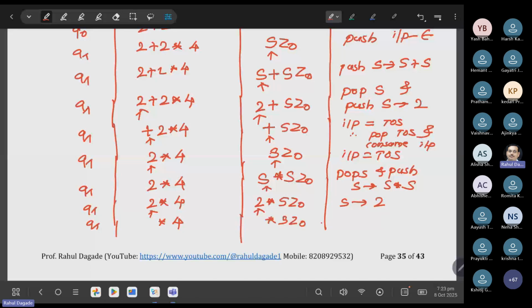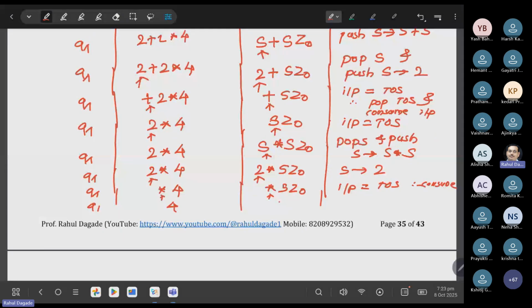Okay, so here the input is the same as the top of stack, therefore consume. Now star is matching with this star, therefore consume it. So Q1, 4 and S Z0, and the input is the same as the top of stack.